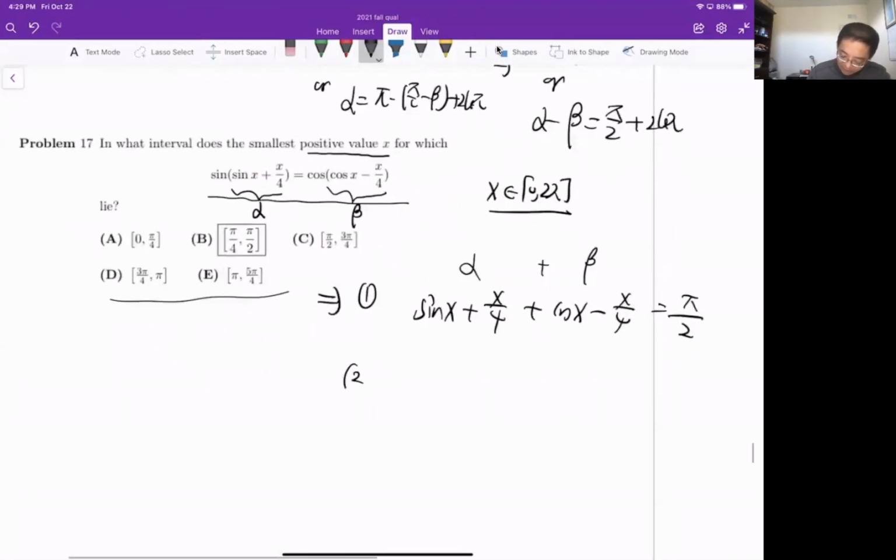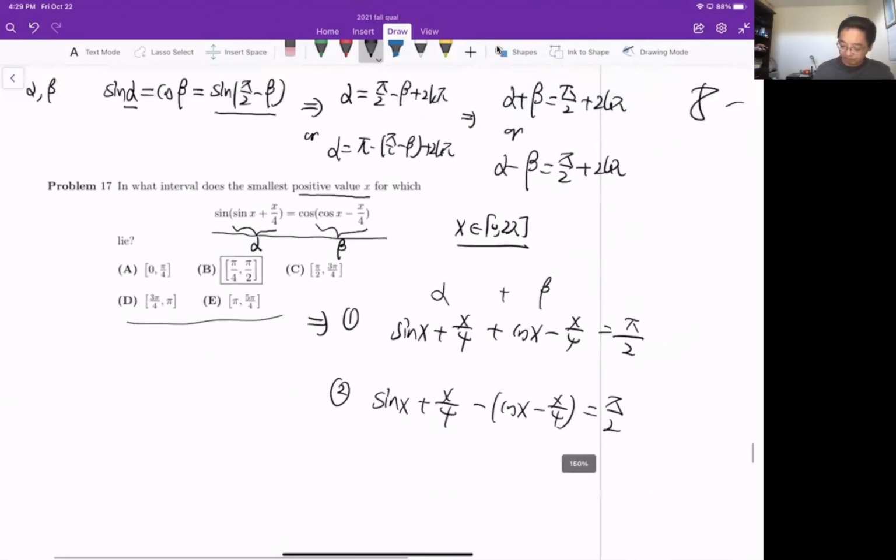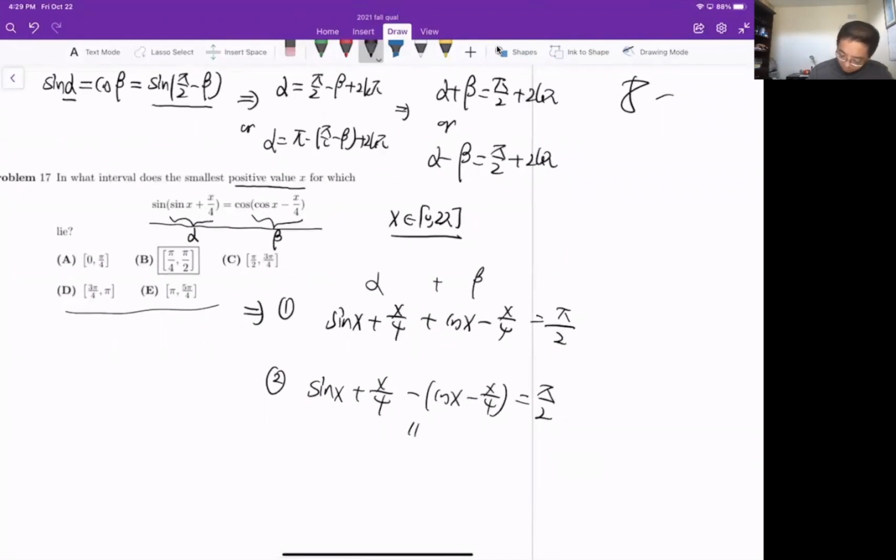The second one: sine of (x plus x over 4) minus cosine of (x minus x over 4) equals pi over 2.